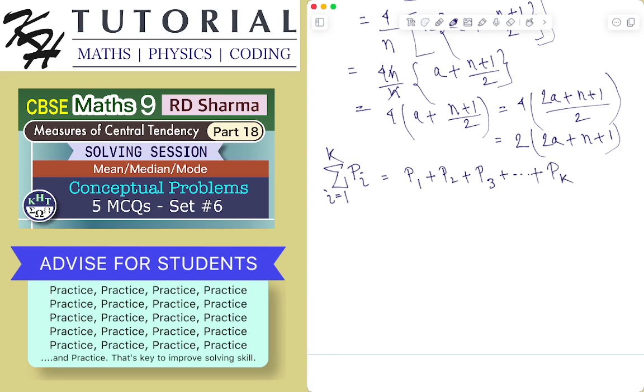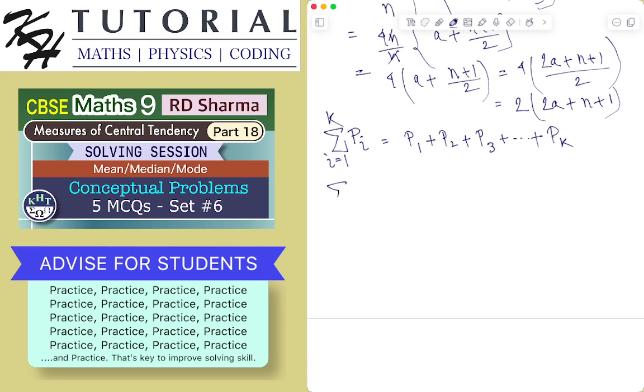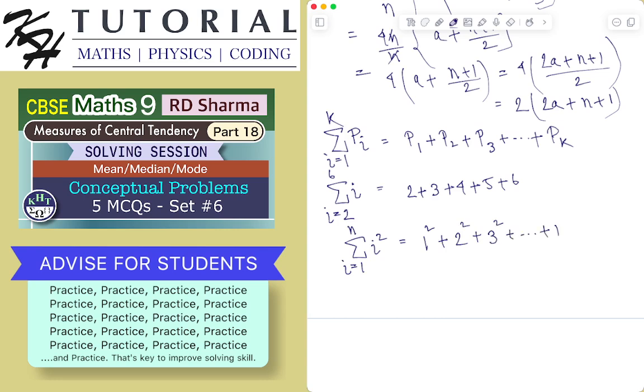Summation of i ranging from 2 to 6 is nothing but 2 plus 3 plus 4 plus 5 plus 6. What is summation of i square, i ranging from 1 to n? This is 1 square plus 2 square plus 3 square up to n square.